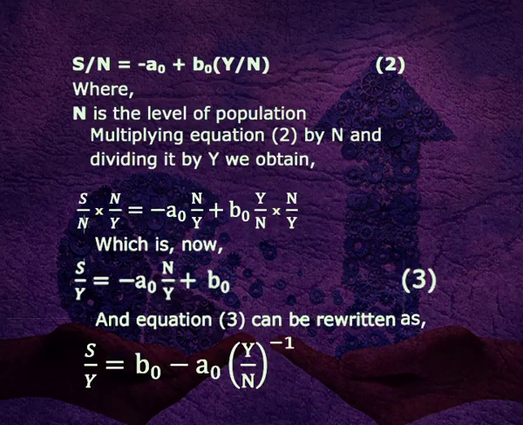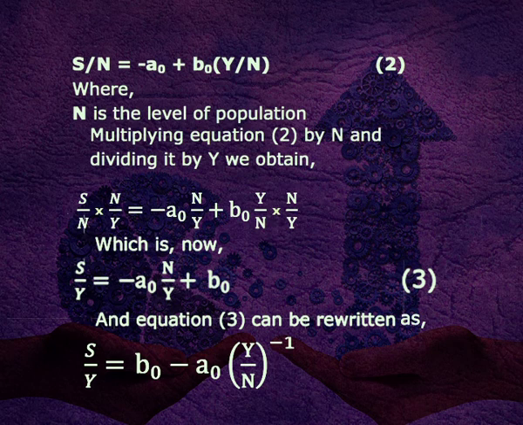The savings ratio as a function of per capita income will then be given as S/N = -AO + BO × Y/N, where N is the level of population. Multiplying equation 2 by N and dividing throughout by Y, we obtain S/N × N/Y = -AO × N/Y + BO × Y/N × N/Y.